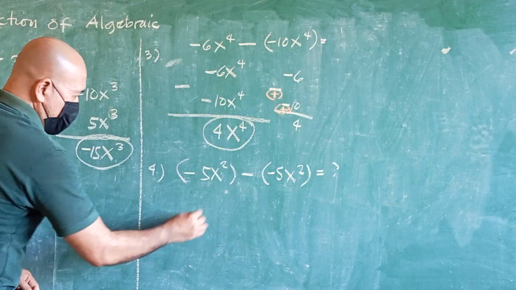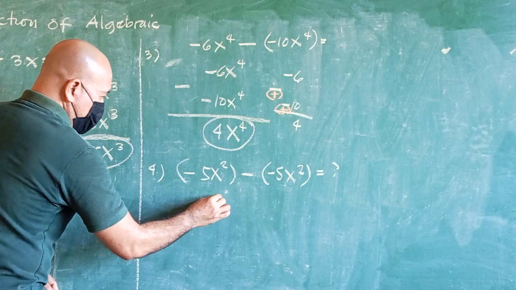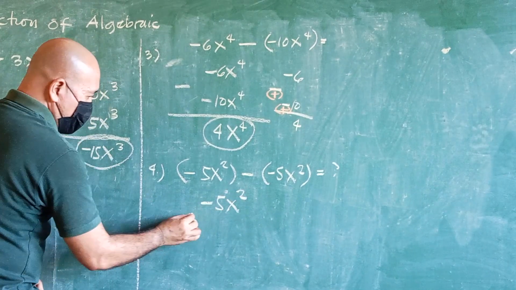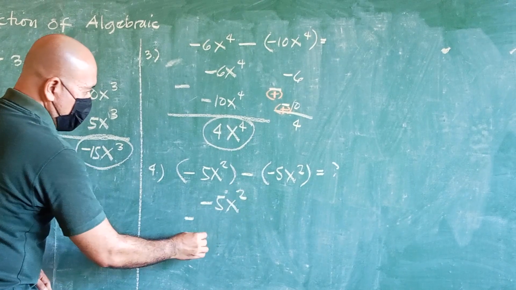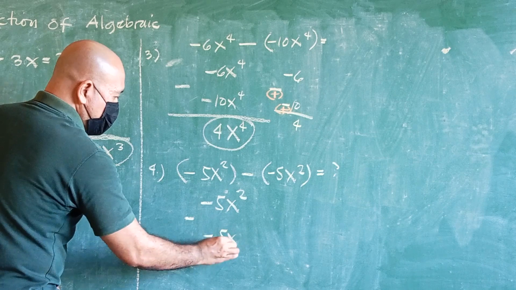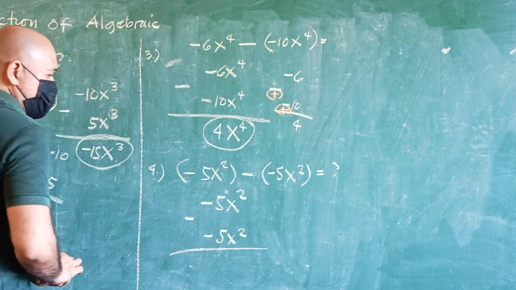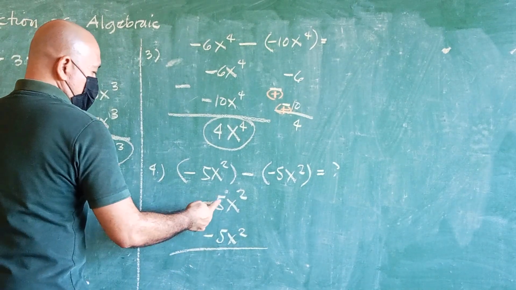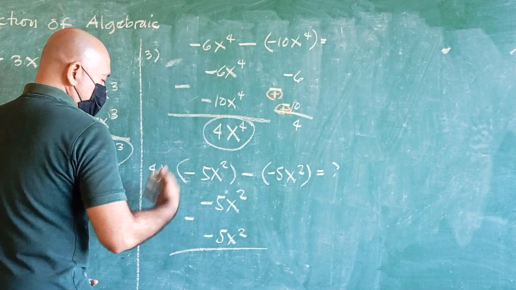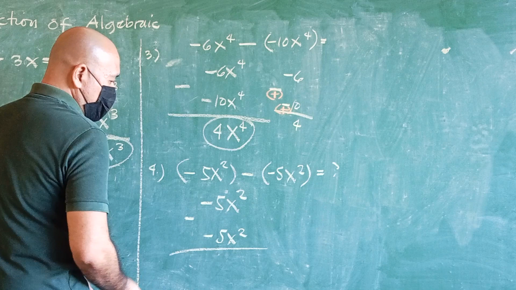Okay, so just rewrite to give you a clear picture of the given. So negative 5x squared minus negative 5x squared. As you can see, the coefficients are the same and the variables and exponents are the same, so very similar terms.